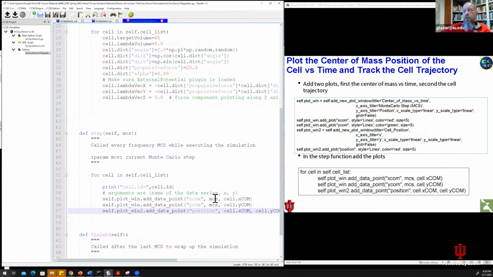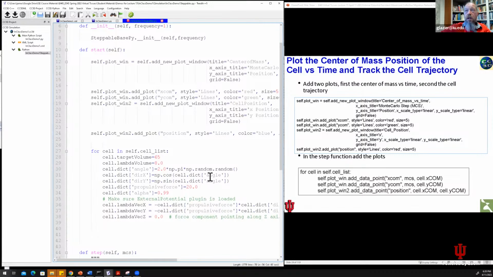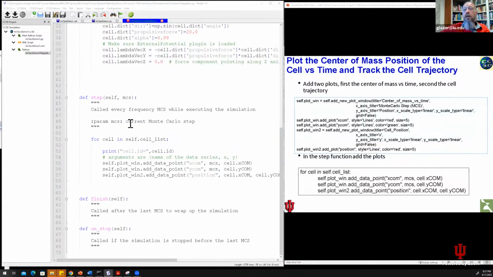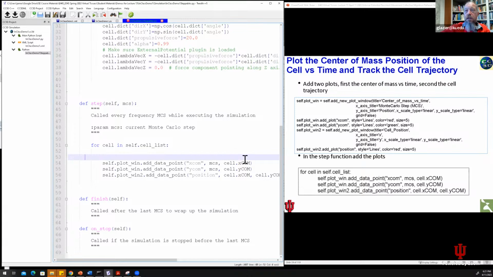Again, you don't have to do too much. Almost everything you need is in the Twedit menus. If you like, I can give you the code here. That's to initialize the plots. I don't need to print the cell ID anymore, so get rid of that.